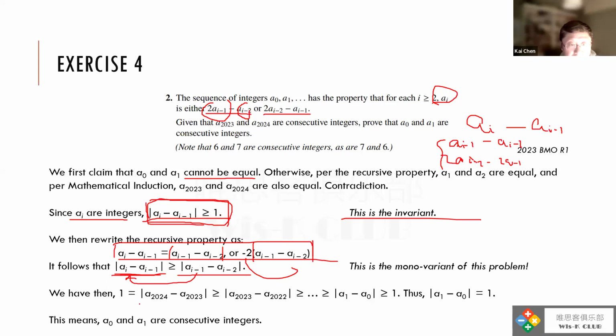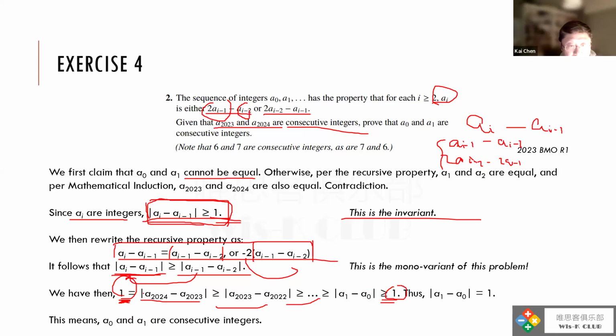The ceiling is the last pair, a_2022 and a_2024, which are consecutive integers, meaning their difference is 1. So that is a ceiling. And each one is smaller than the one before, but also at least 1. This is the invariance. So we have two boundaries, both are 1.